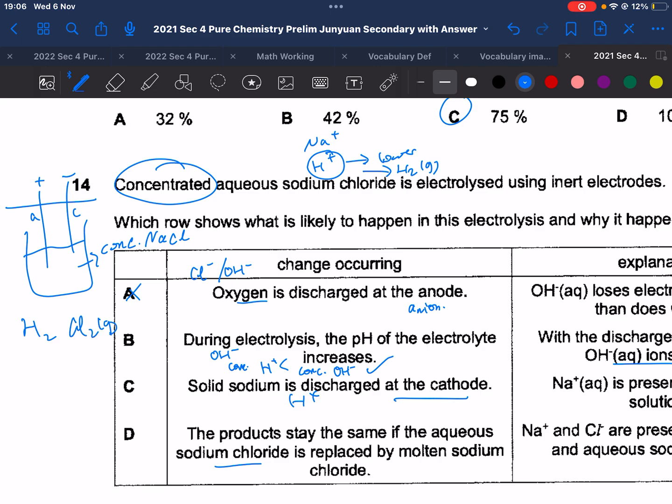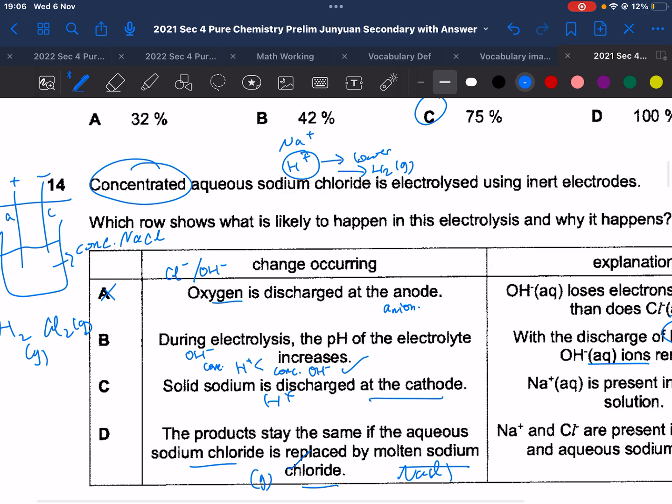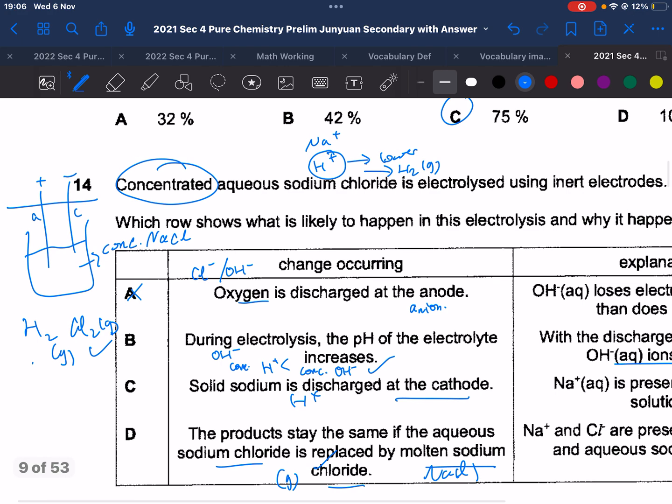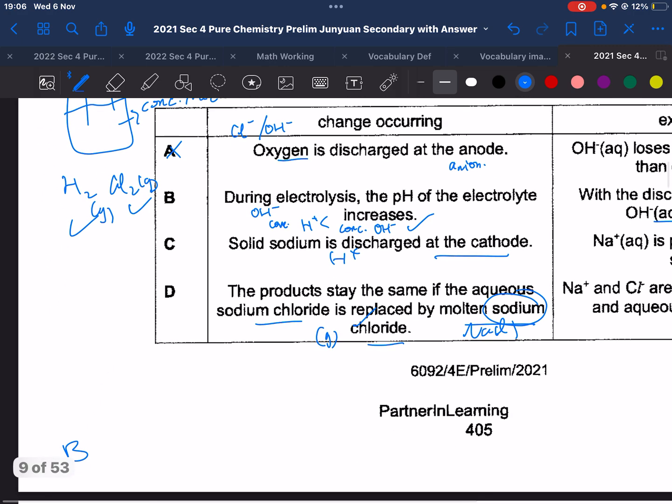Cl2 gas. If we replace it with molten sodium chloride, we're definitely only going to get Na, liquid, molten, and chlorine, which is a gas. So we definitely get chlorine, but we do not get hydrogen, because sodium is produced. So the answer is still B.